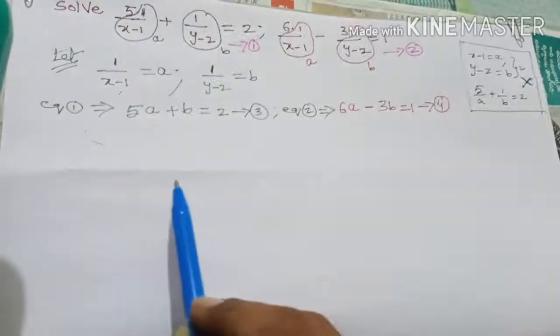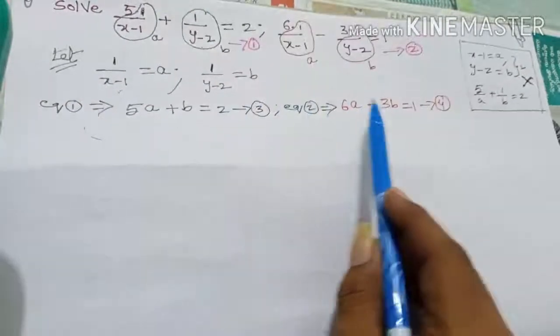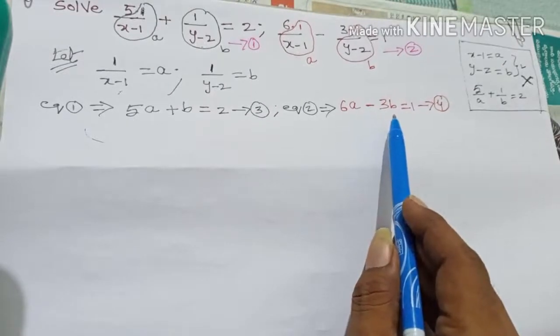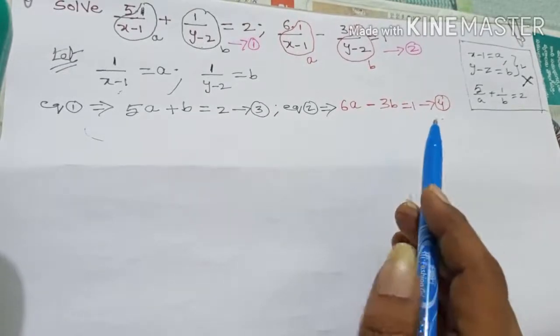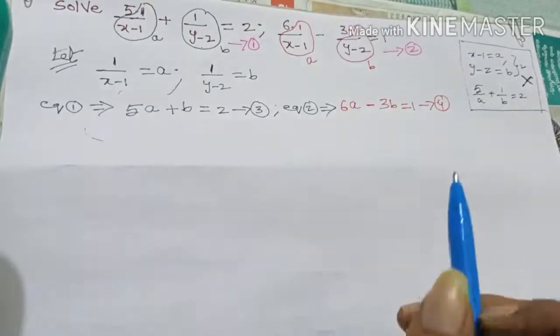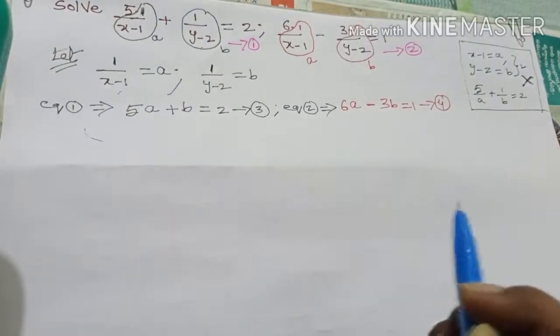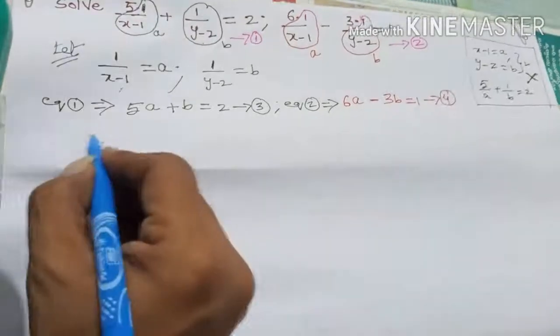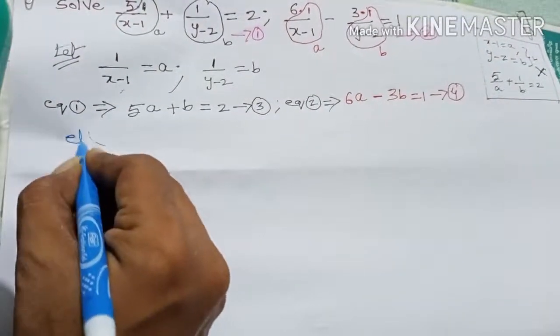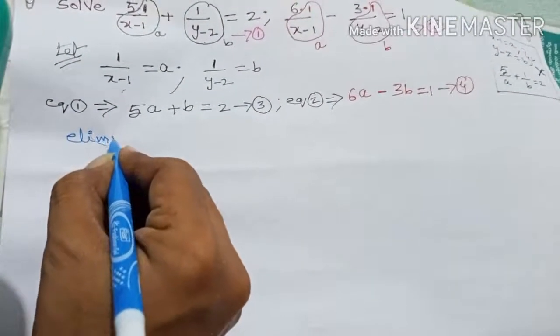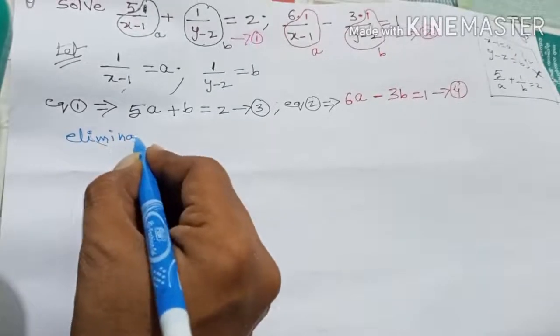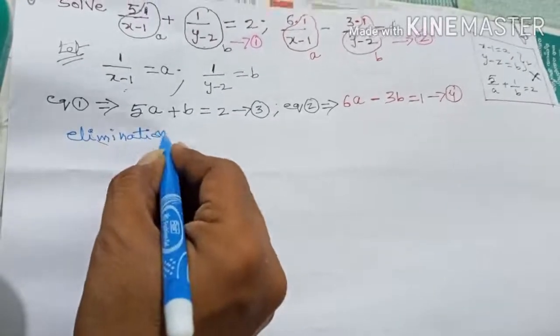So, you have to solve these two equations. For getting the values of a and b, you have to opt either elimination method or substitution method. I opt for elimination method here, to find the values of a and b.